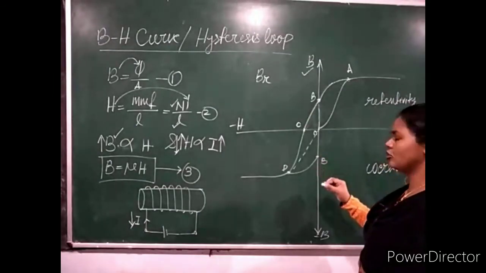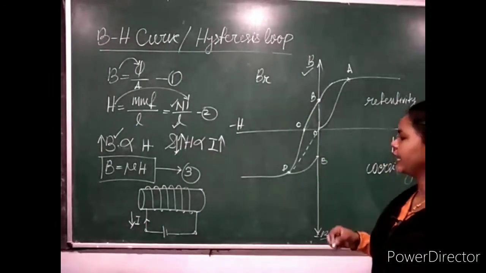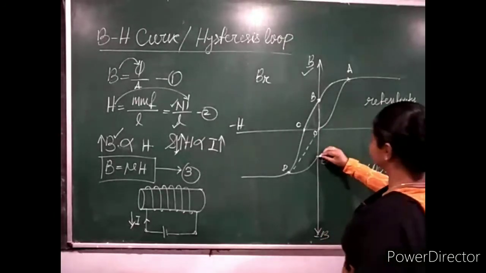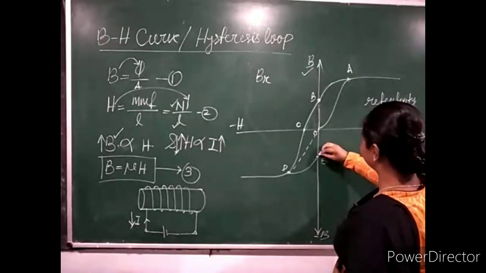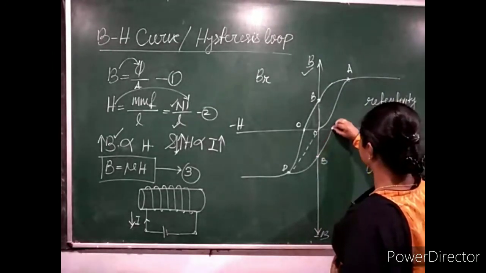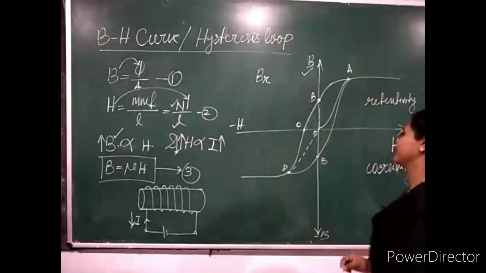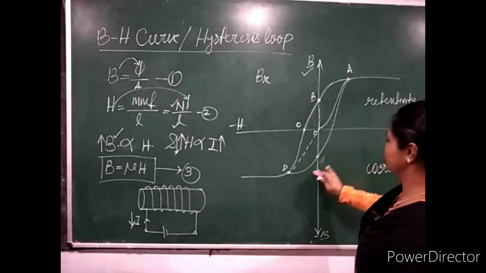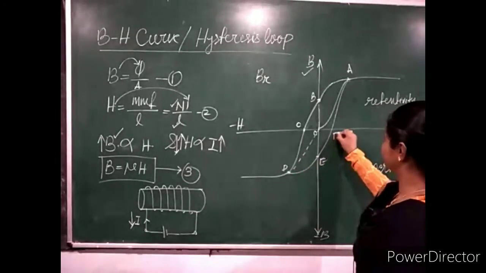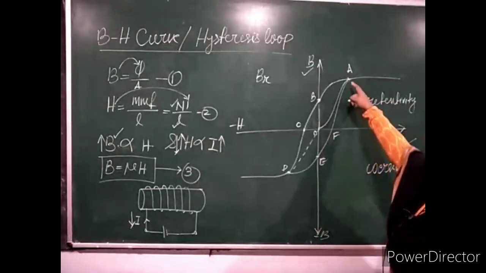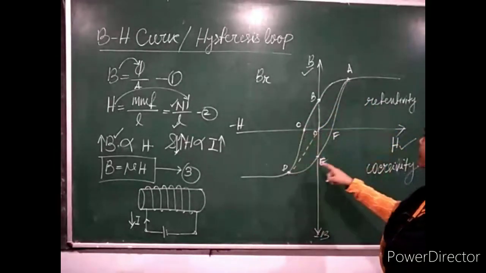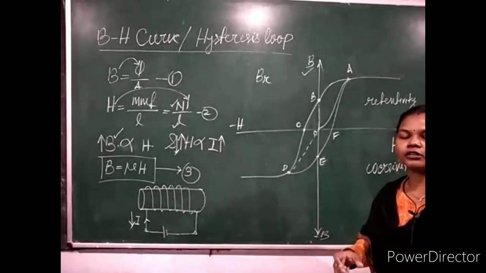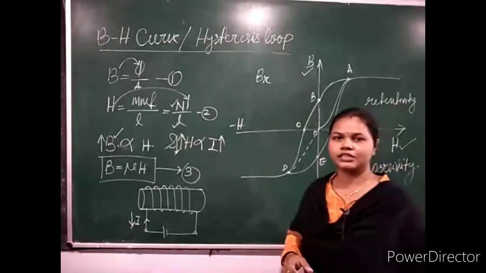To make it 0, you again increase the current in the positive direction, and at that time the curve is like this. Let these points be D, E, F. So A, B, C, D, E, F, A, this total loop or the total path shows the hysteresis loop.